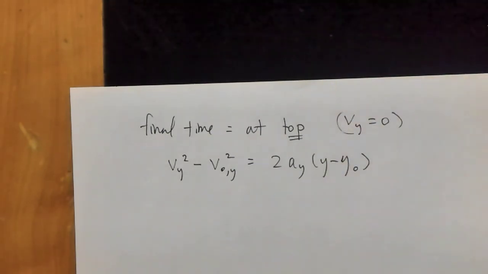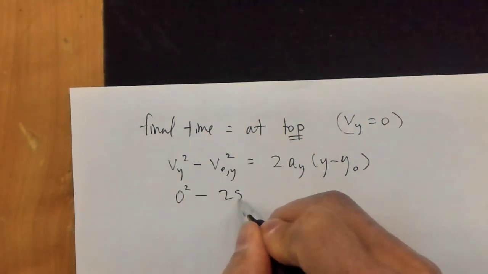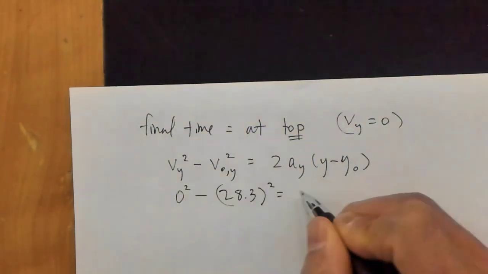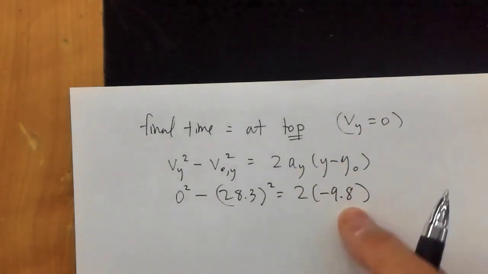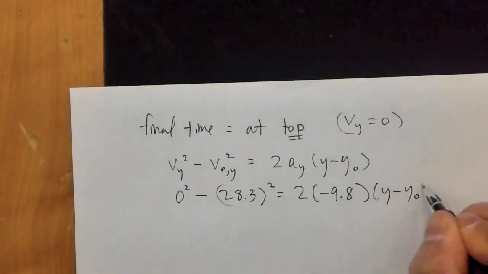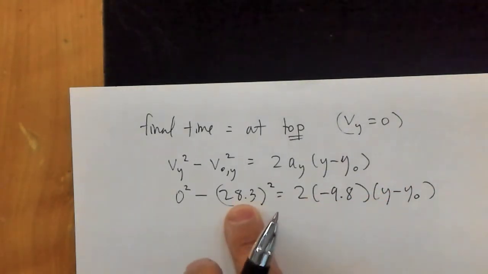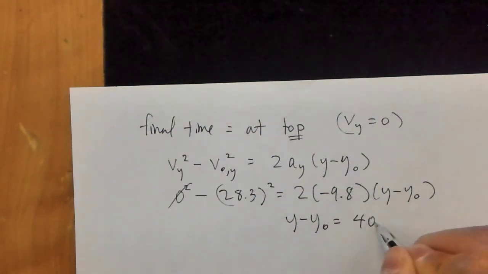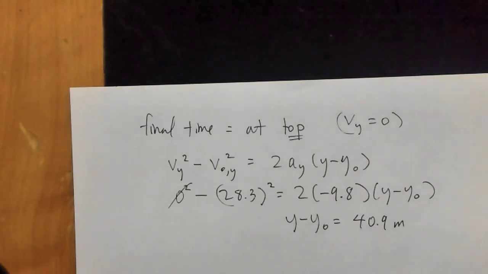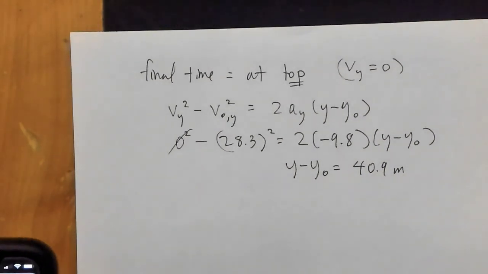That's when it peaks, so the y velocity will be 0. So we have 0 squared minus 28.3 squared is equal to 2 times negative 9.8, which is the acceleration ay, times y minus y0. Then I can simplify, and we solve for y minus y0. It comes out to 40.9 meters. Any questions about that?